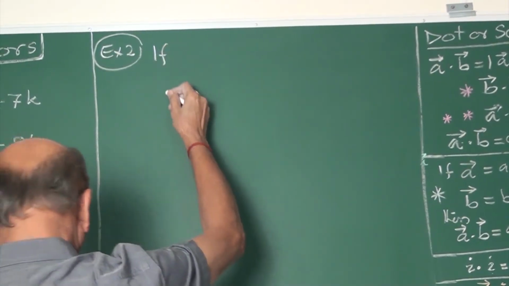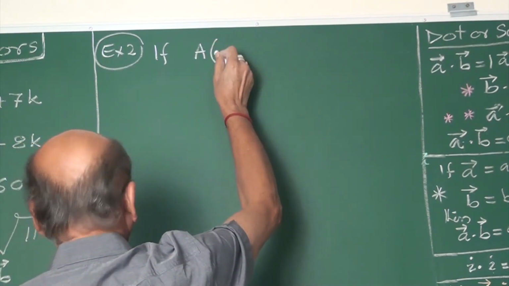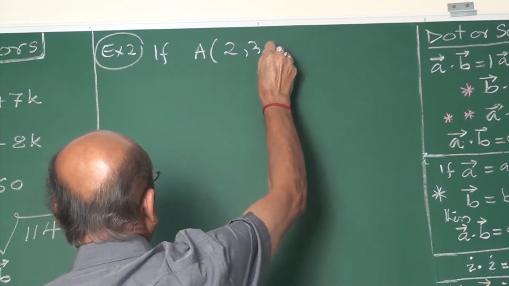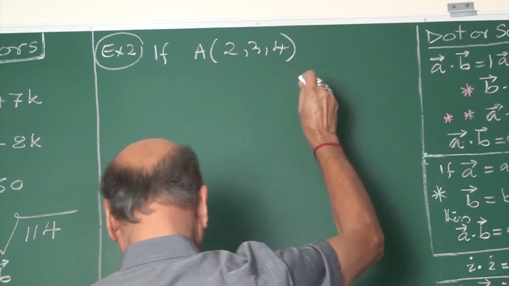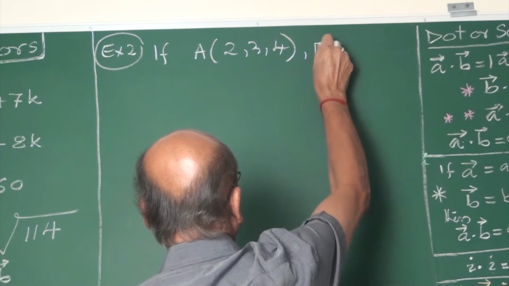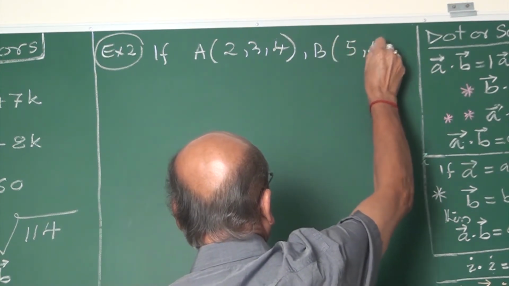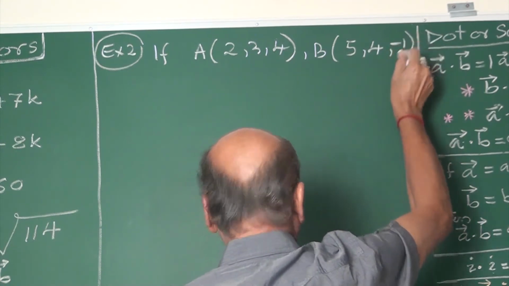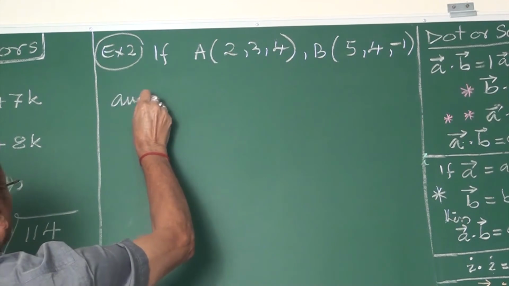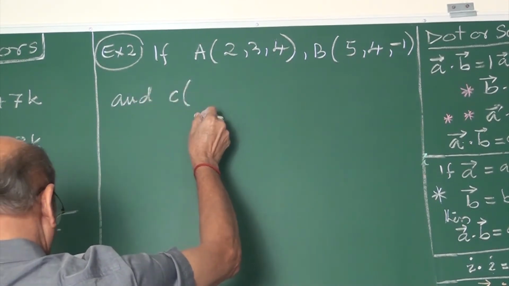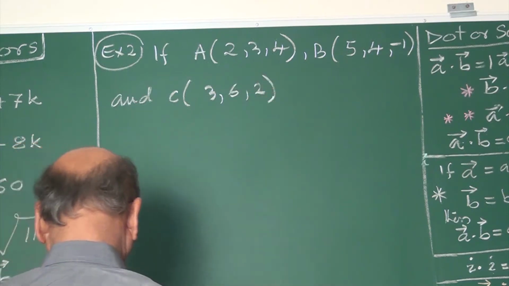If A has coordinates 2, 3, 4, these are the coordinates of the point A. B, the second point, its coordinates are 5, 4, minus 1, and one more point is C with coordinates 3, 6, 2.